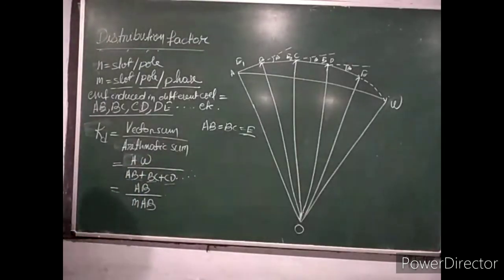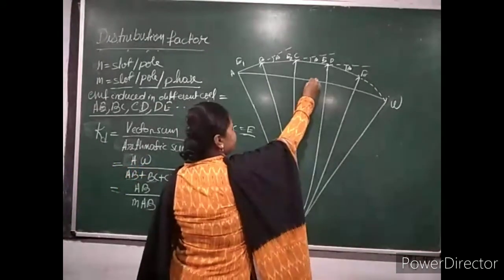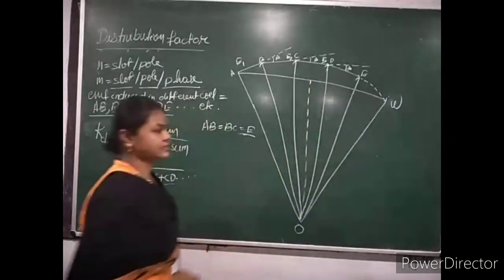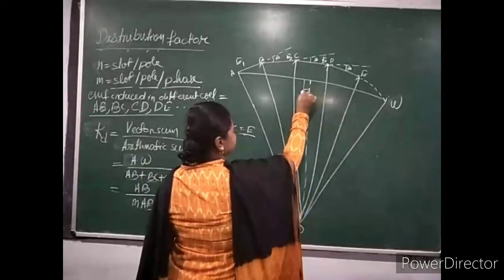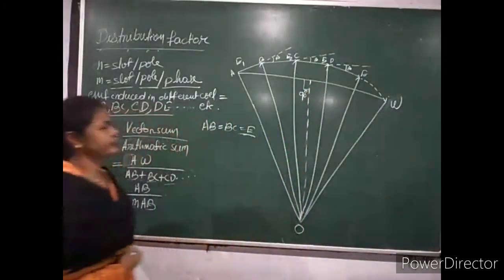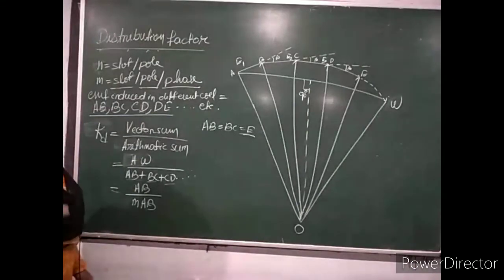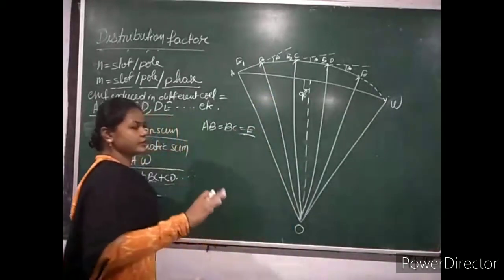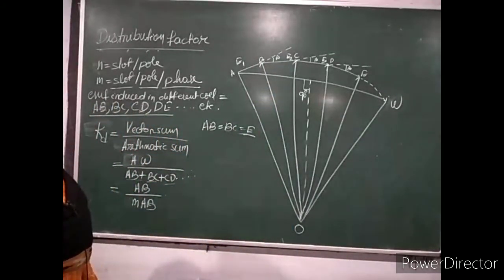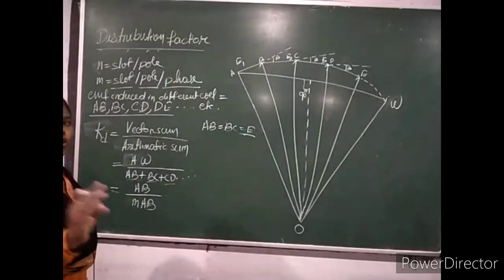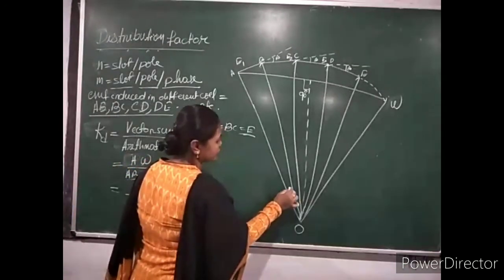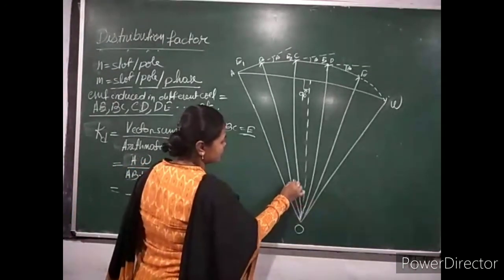Now to find AW, you draw a perpendicular line from the origin O to the resultant axis. Now this angle is 90 degree. Then according to the geometrical angle, you know that if this angle is beta, that is the EMF induced in different coils in a distributed winding differ by an angle beta, then this angle is also beta.